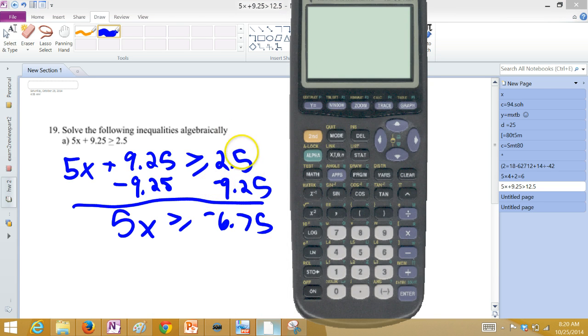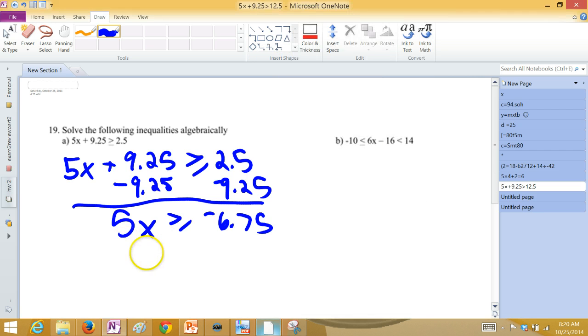And then we have to divide by 5. When we divide by 5, we'll get negative 1.35. So x should be greater than or equal to negative 1.35.